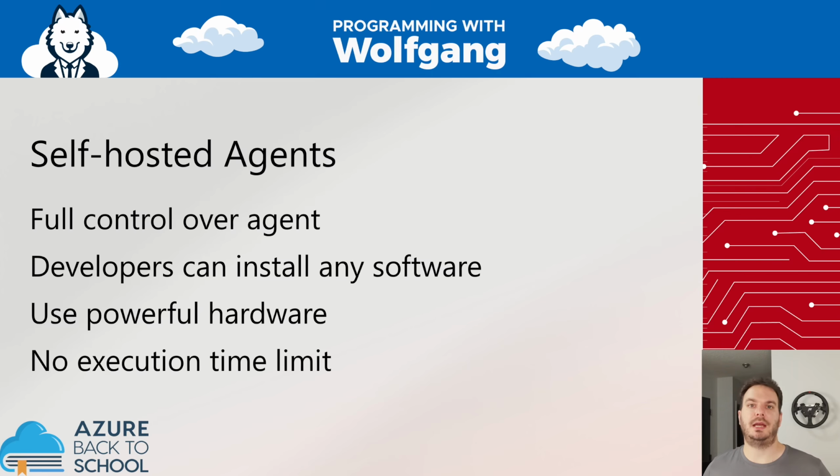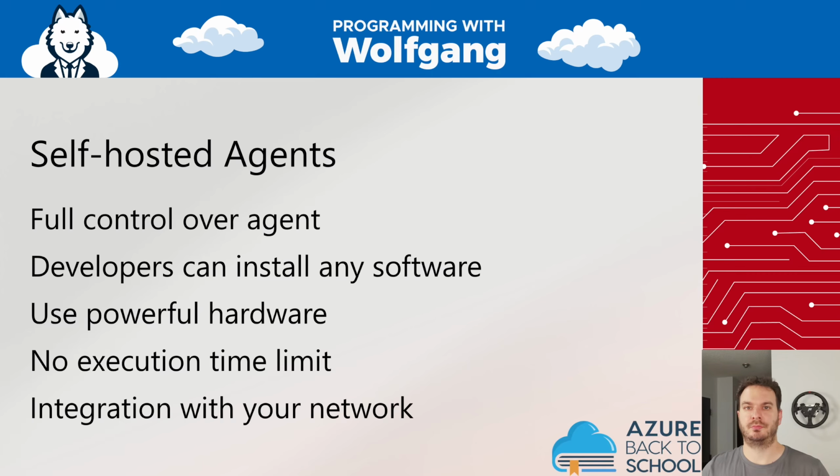Another advantage is I don't have a limit with the execution time. So if I run, for example, nightly jobs that do a lot of integration testing, complicated calculations, I can just run them, and it takes as long as it takes. From a security perspective, I can easily integrate the agent into my own network since I install it on my own hardware.